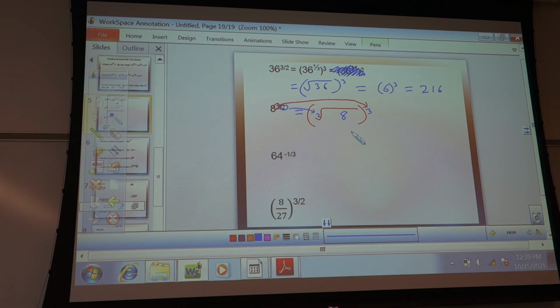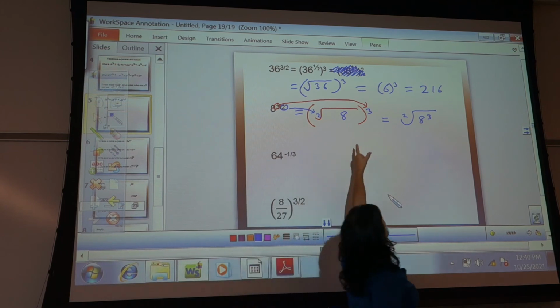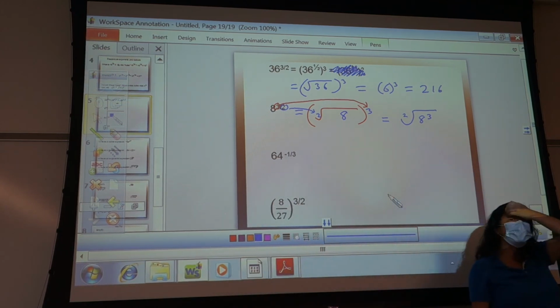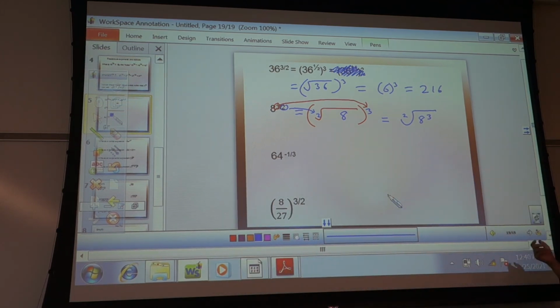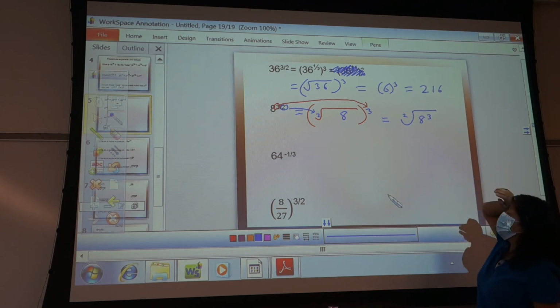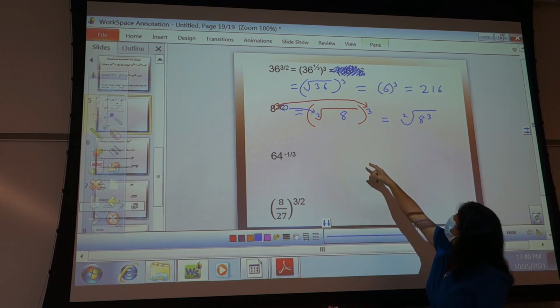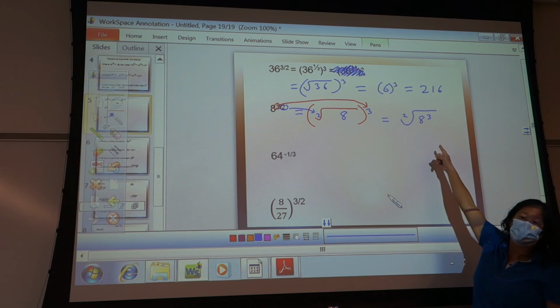So I'm going to pull the 3 on the inside. One of the 3 is on the outside like this, or on the inside. You can do it either way. You can do the square root first, or you can raise to the third power first.